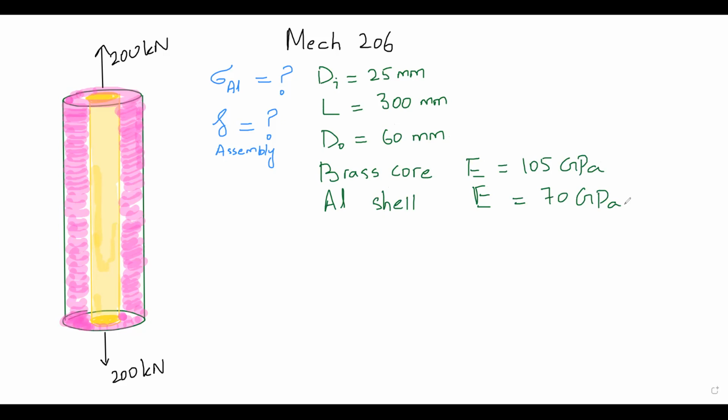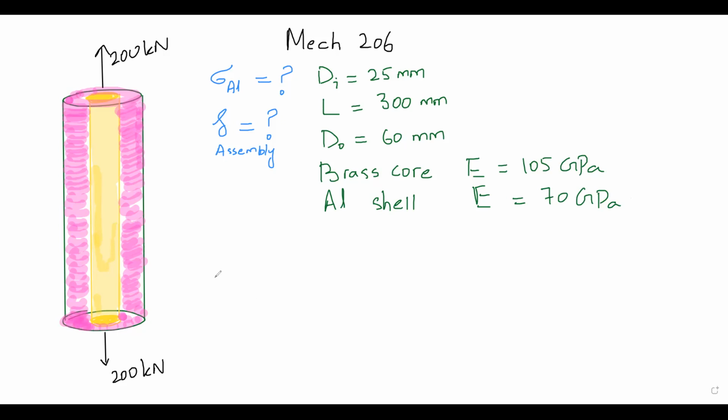Okay, 6, 5, 4, 3, 2, 1. Hello, everyone. Welcome to another session of strength of materials. So our problem is that 200 kilonewton is applied to this assembly by means of rigid end plates. We have to determine the normal stress in the aluminum shell and the corresponding deformation of the assembly.